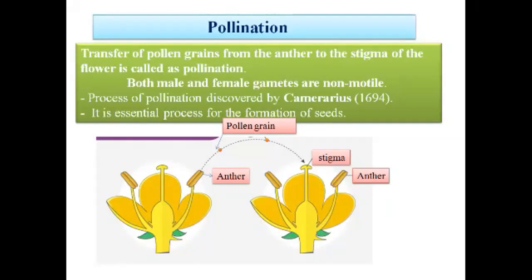Observe this diagram. Here, within the anther, pollen grains are produced by the process known as microsporogenesis, and at maturity, this anther will burst to liberate the pollen grains, a process known as dehiscence.